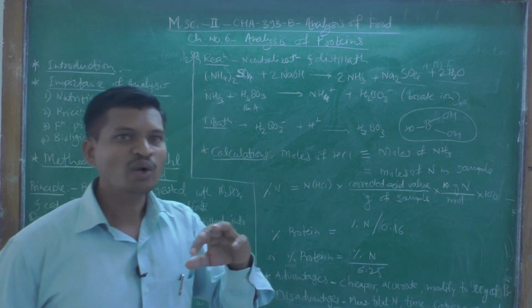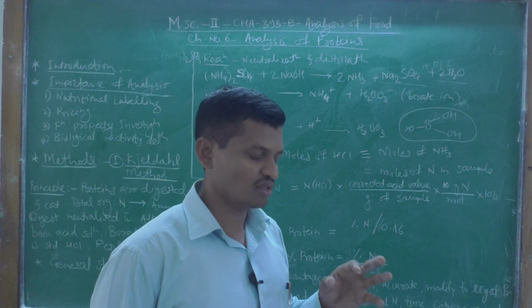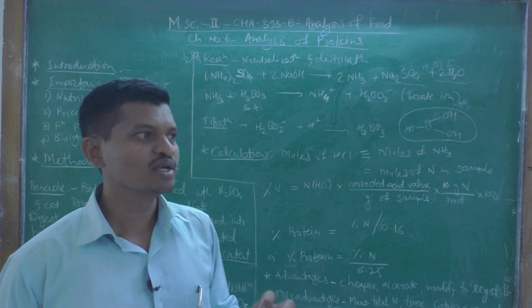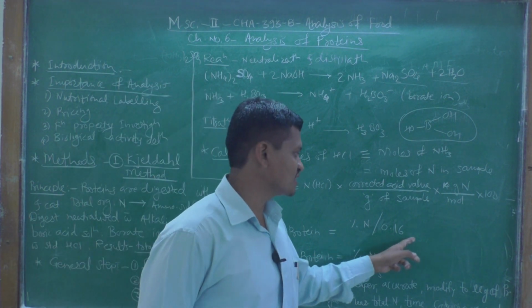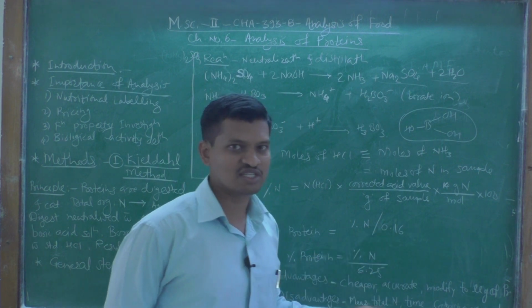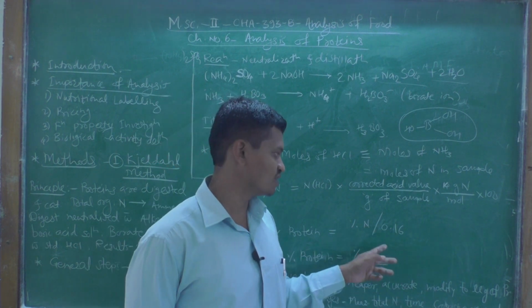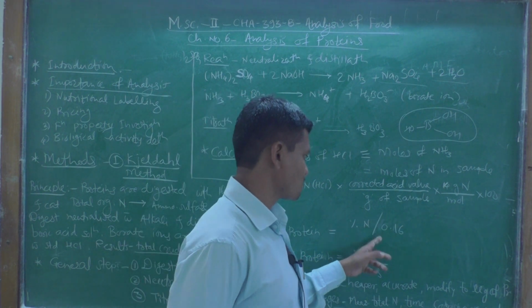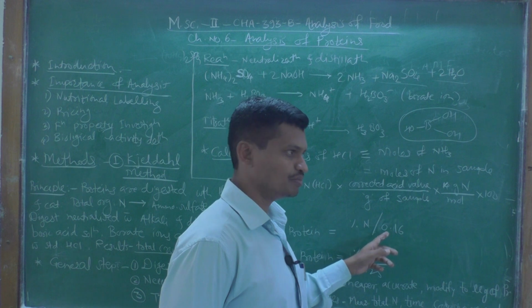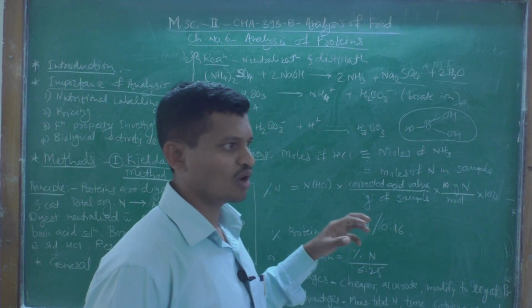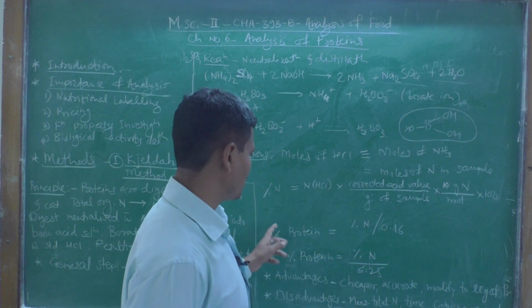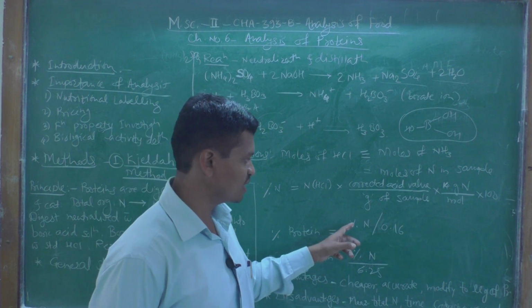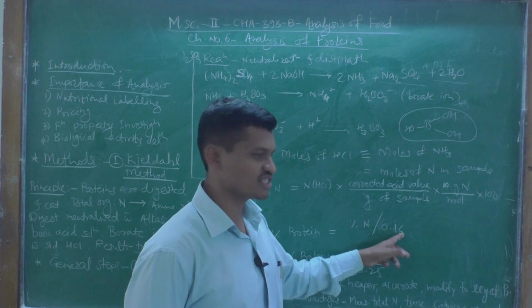Now on an average, food materials have 0.16% nitrogen of the total weight, or 0.16 of the protein of the food sample. So percentage of protein can be calculated from this percentage of nitrogen using the formula %N divided by 0.16.